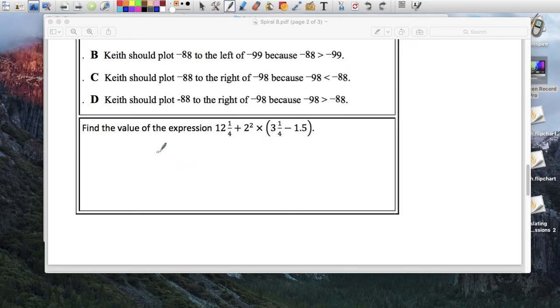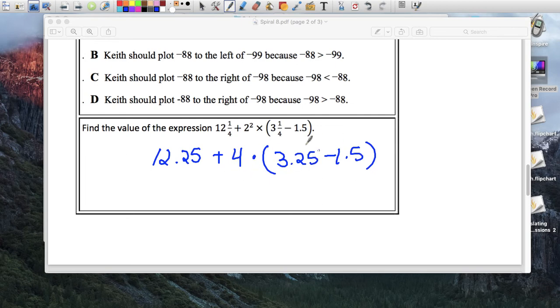But this one, 12 1/4, I can write as 12.25. 2 to the second power is 4. I can do that because it's not affecting any of my other calculations. So I'm going to change that to 4 times, in parentheses, 3 1/4 is 3.25 minus 1.5. So that's my problem, just rewritten in a little easier way.